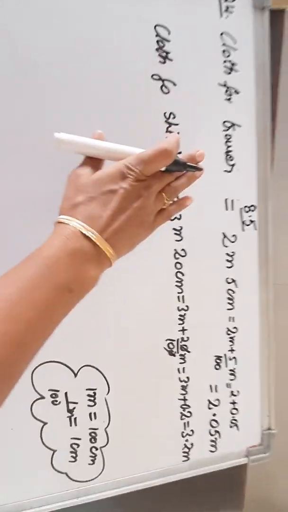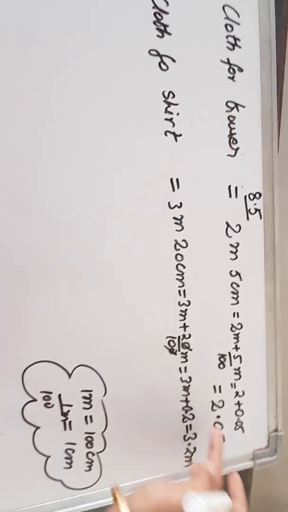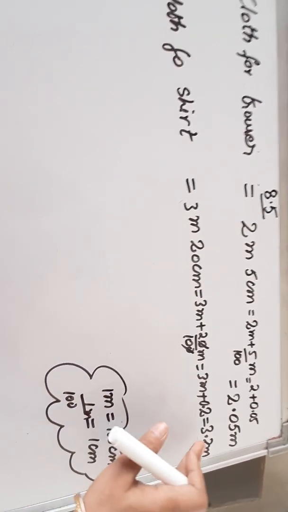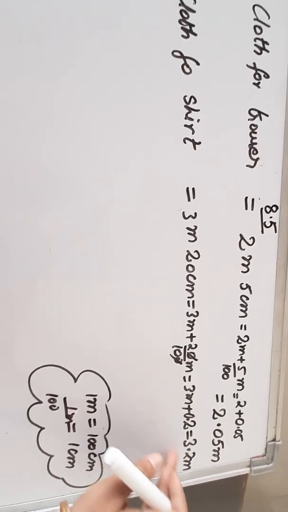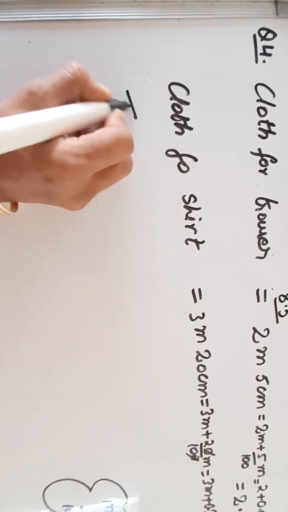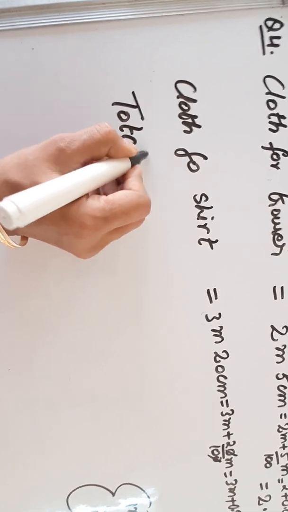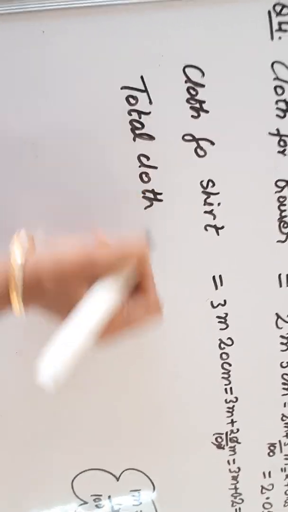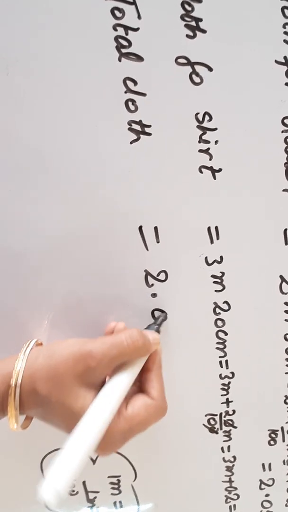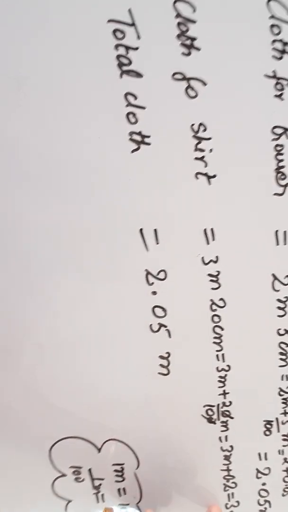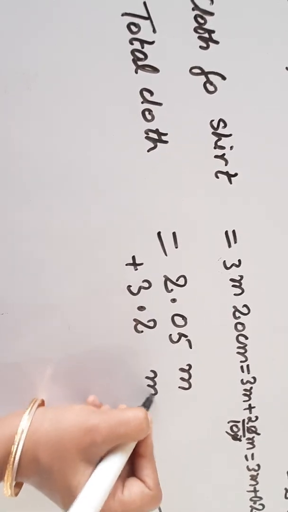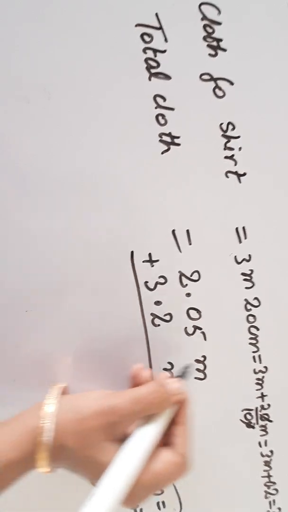So now this is the cloth for trouser, that is 2.05 meters, and cloth required for shirt is 3.2 meters, right? So now total cloth will be equal to, क्या कर देंगे हम, trouser cloth that is 2.05 meter plus 3.2 meter for shirt. Let us add it.